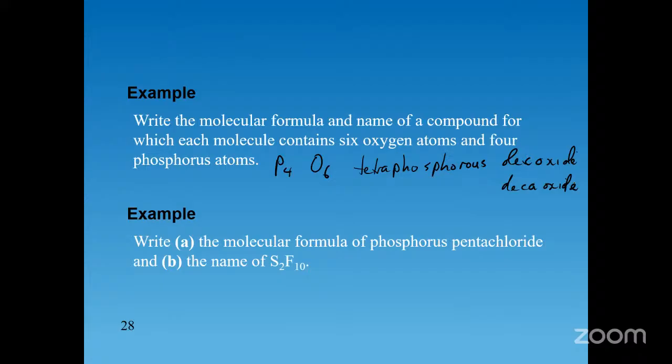All right, very good. The second example, A, you're to write the molecular formula of phosphorus pentachloride. So what do you think is the formula for phosphorus pentachloride?